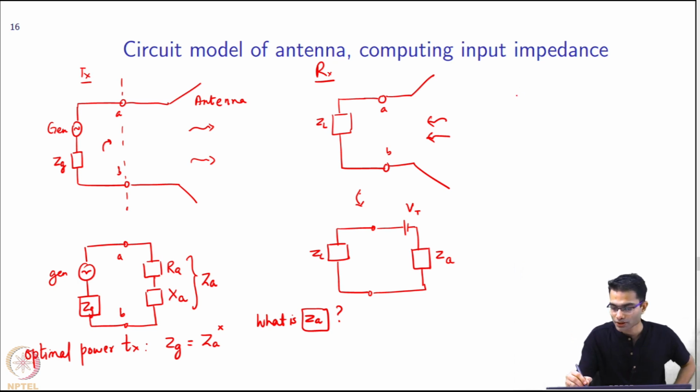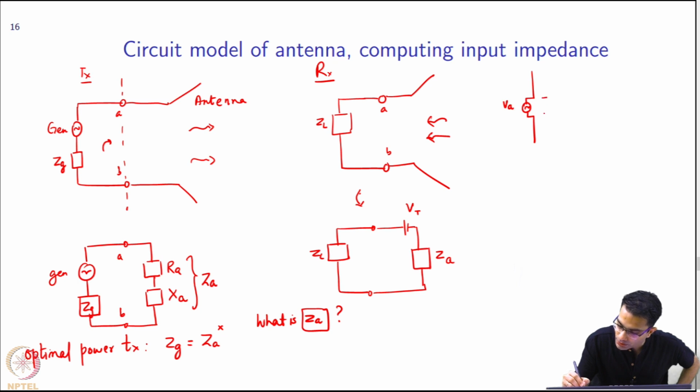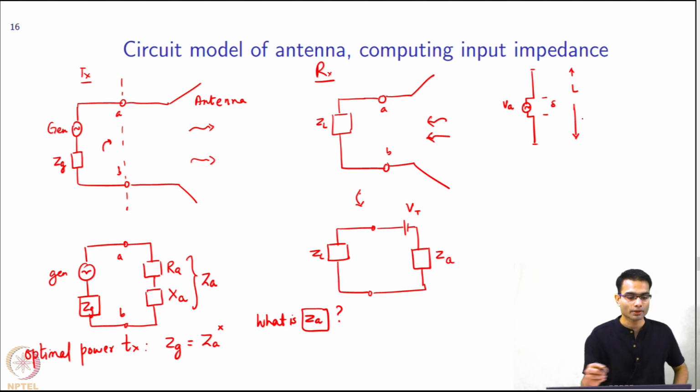So what did we do? Just to remind you, let's take the delta gap approximation, right? So delta gap was VA volts applied across a distance of delta, right? This length was some capital L, right? What did I do over here?